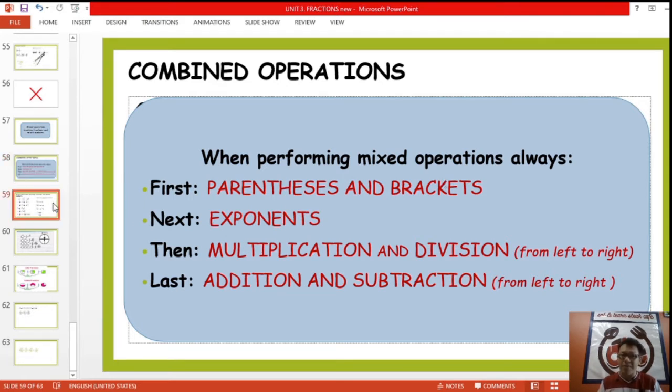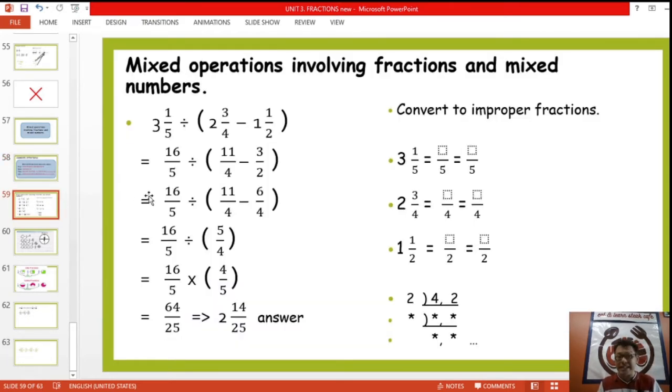But before that, since we have mixed numbers here, all are mixed numbers, what we got to do first before doing the operations is convert these mixed numbers into improper fractions. That is why I prepared all this so that it will be faster. Do you understand? So how are we going to convert these into improper fractions?